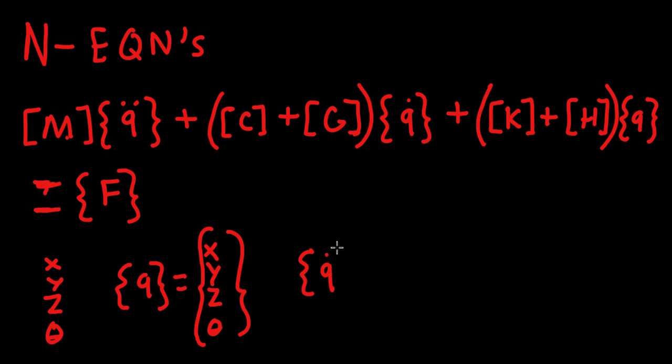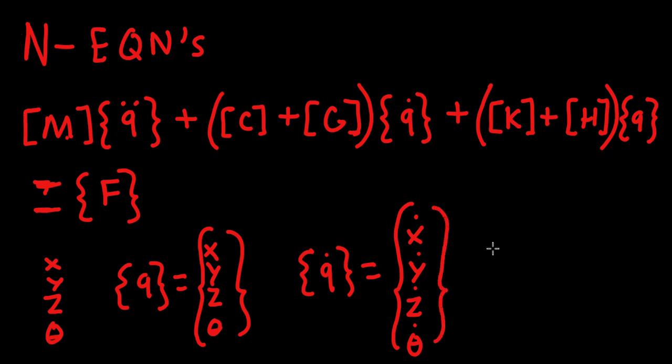My vector Q dot would thus be X dot, Y dot, Z dot, and theta dot. And from this, I'm sure you can guess what Q double dot would be. It's going to be X double dot, Y double dot, Z double dot, and theta double dot.